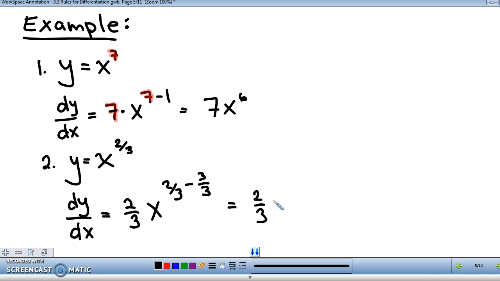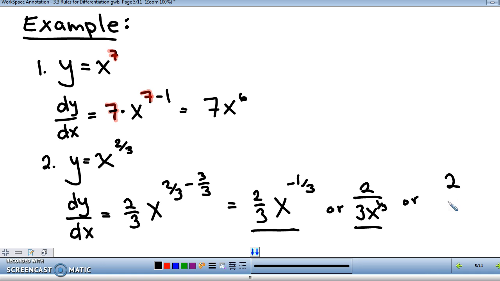So 2/3 times x to the negative 1/3. This works as your answer, or 2 over 3x to the positive 1/3. That works as an answer, or 2 over 3 times the cube root of x. All of these answers work.